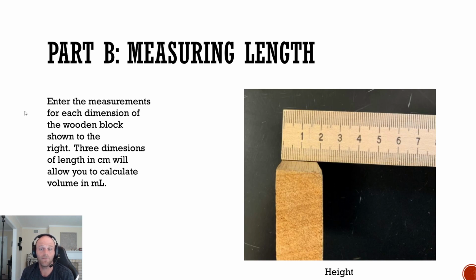All right. For part B, we're going to measure the length of a box, both the length, the width, and the height. Right. And so as we said, if you have the length, width, height of a box, you can calculate the volume. Okay. So, an interesting note: I couldn't get my computer to put a subscript on this PowerPoint. I don't know what happened. But a centimeter cubed is the same thing as a milliliter.